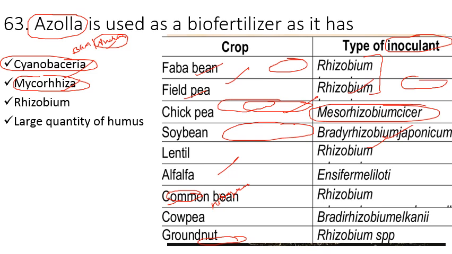Next we have common bean. Here again rhizobium is used. Cowpea, Bradyrhizobium. Then we have groundnut. Here again rhizobium species are used. So these are used as inoculants, which help in increasing nitrogen fixation in beans and legumes.